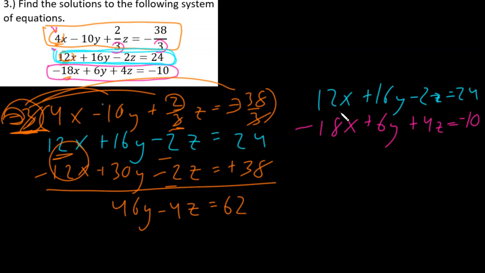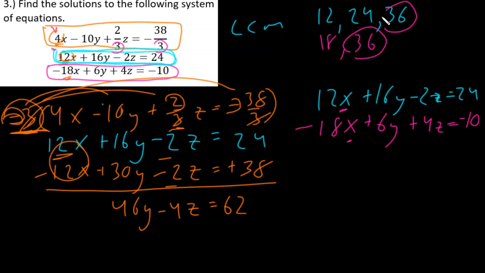Alright, now since we have to cancel out the x's, we have to find the LCM. So finding the LCM, let's see, I know that 12 times 1 is 12, 12 times 2 is 24, and 12 times 3 is 36. I know that for 18, 18 times 1 is 18, and 18 times 2 is 36. Check it out. All we have to do is change both of these numbers into 36.